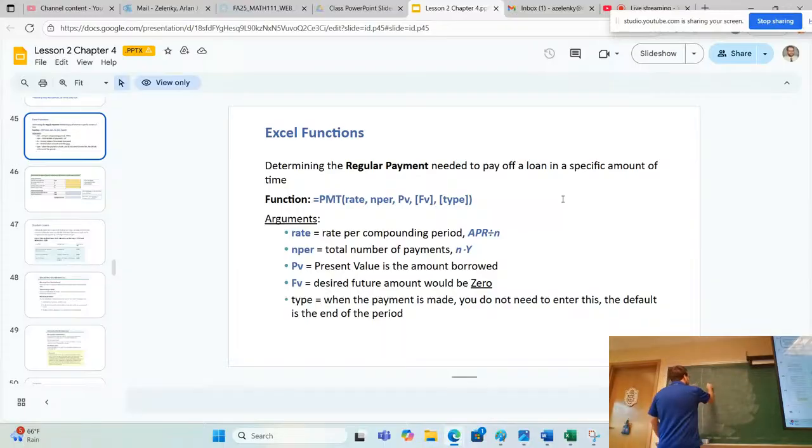I'm just going to write this formula up here: rate, nper, PV, FV, type.